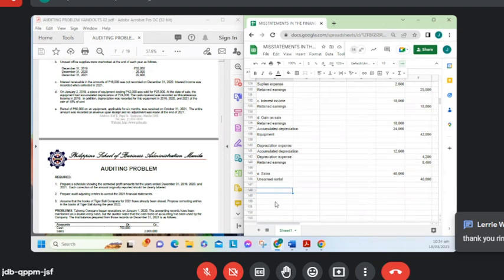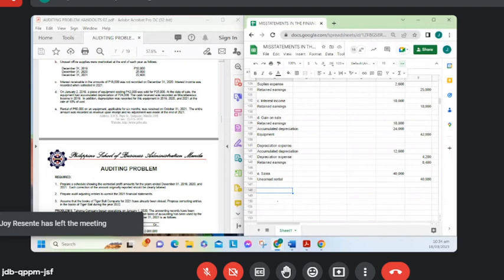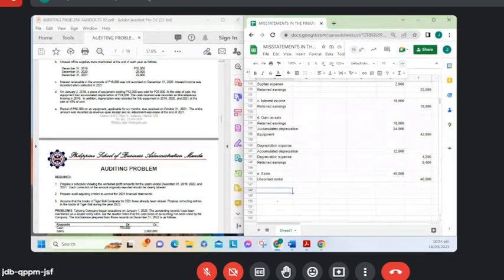All right. Number three, assume that the books of Tiger Ball for 2021 have already been closed. Propose correcting entries in the books of Tiger Ball during 2022. So number three, corrections in 2022.